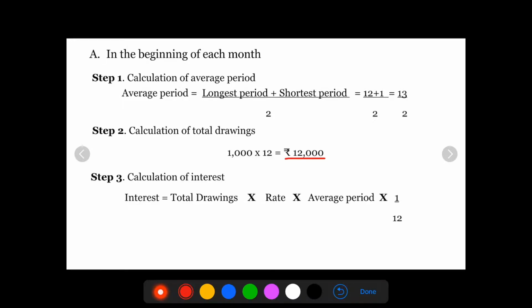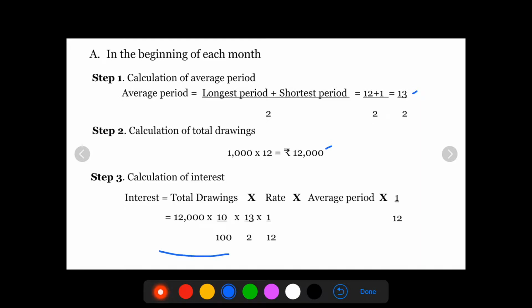Next is step 3, calculation of interest. Interest is equal to total drawings into rate into average period into 1 divided by 12. So what is our total drawings? Total drawings is 12,000. The rate given in the question is 10% per annum. Average period is 13 by 2 into 1 divided by 12.